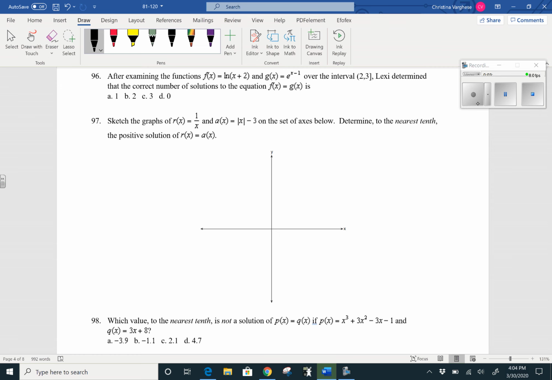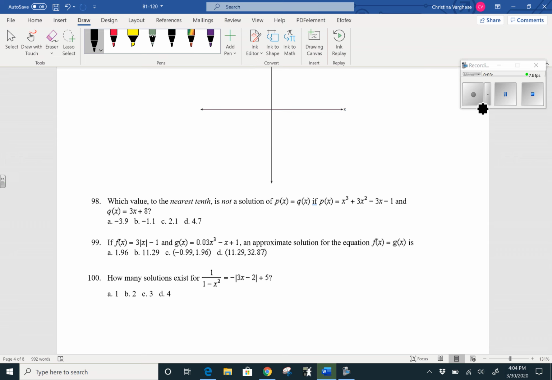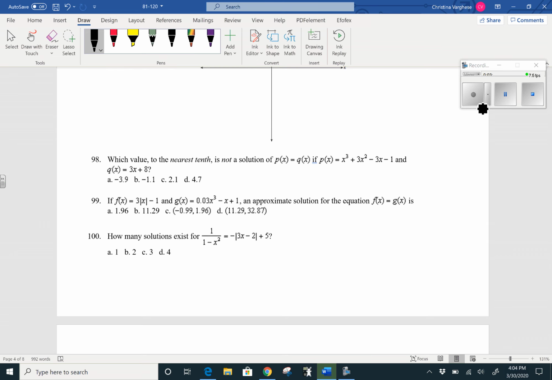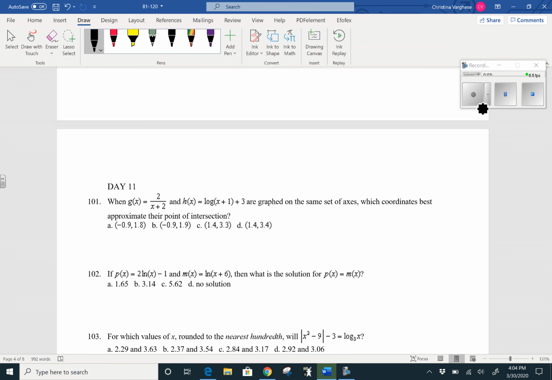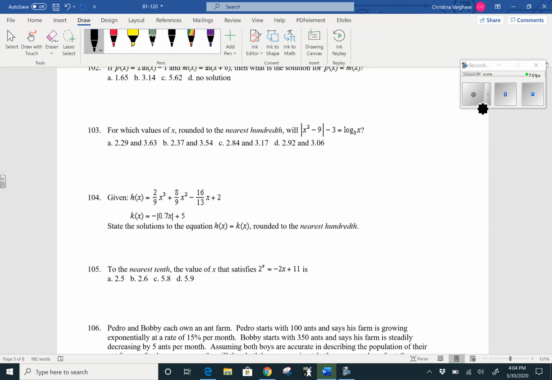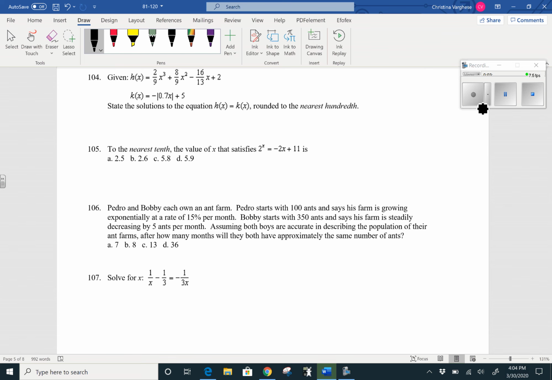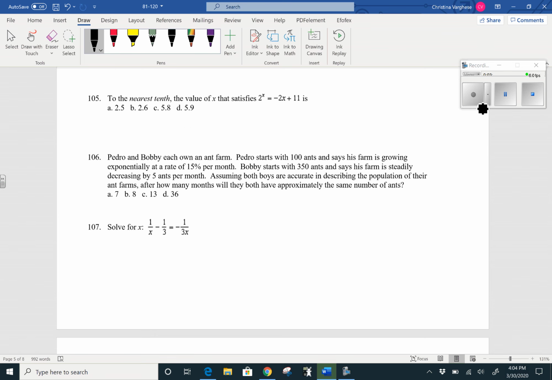Draw one on your paper, submit a picture, and find out where they meet. Use your Desmos calculator, your TI calculator, your Wabbit EMU calculator, or your Calculate 84. You have a bunch of different ways to do this. 98 through 106 are straight calculator questions.